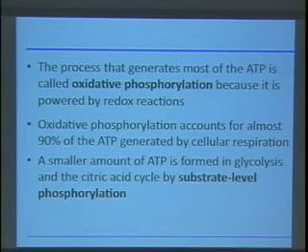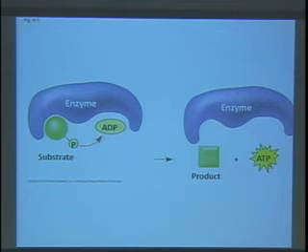And I want to just show you this slide here. This is, again, a figure from the book that illustrates substrate level phosphorylation. And so what's happening here is that an enzyme is transferring a phosphate group from a substrate molecule to a molecule of adenosine diphosphate, ADP, right?